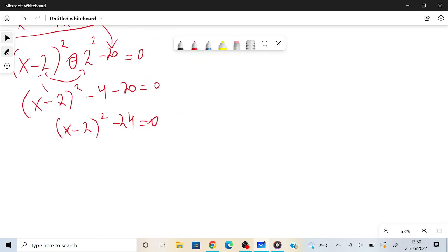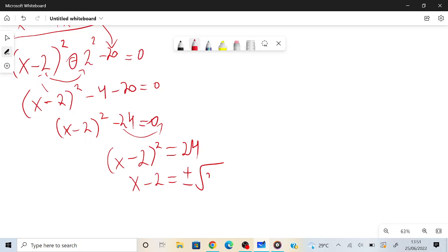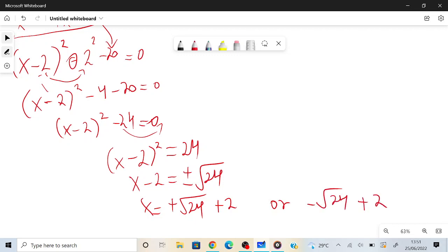So taking the 24 to the other side, this becomes x minus 2 squared equals 24. Your x minus 2 is the positive or negative square root of 24. Your x is either positive root 24 plus 2 or minus root 24 plus 2.